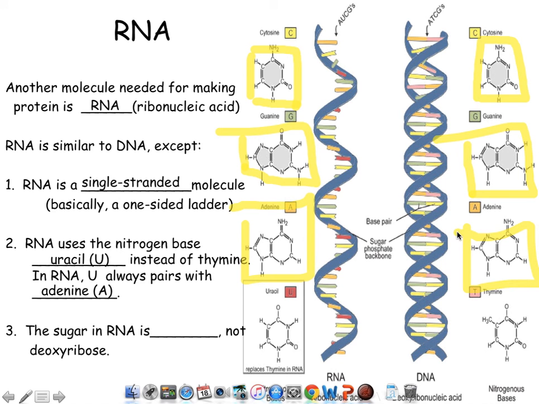But at the bottom, you'll see a slightly different nitrogen base. Here, our uracil is going to replace or be used instead of thymine. And if you look at those molecules, they are very similar to each other.